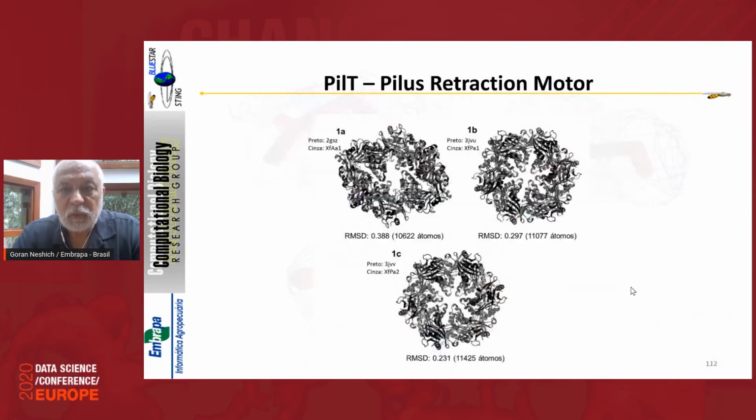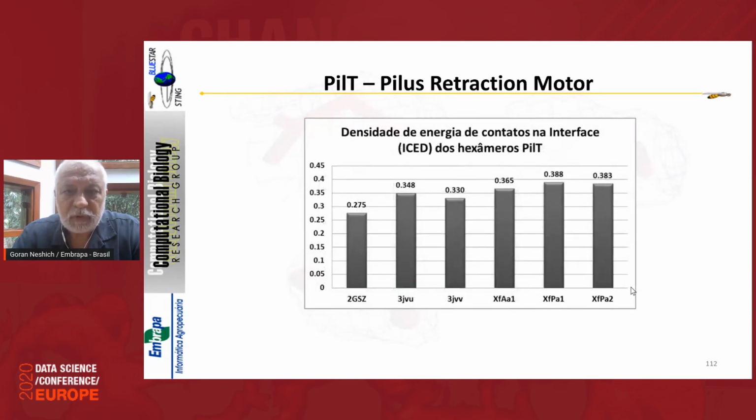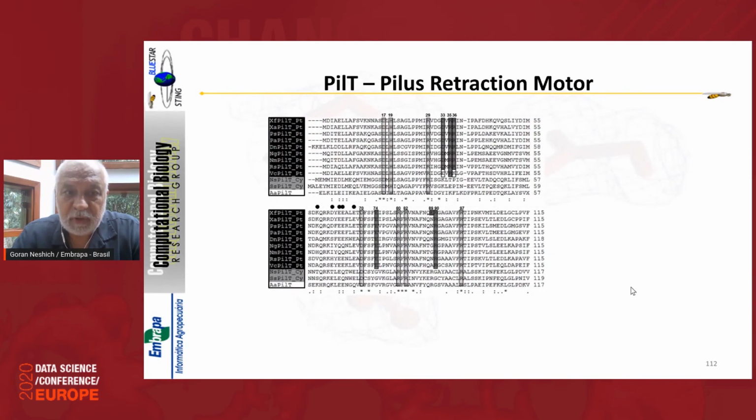We studied the structure of this hexamer of PIL-T. And we found that this protein is an ATPase, omnipresent, so you cannot make changes at will, because you can actually kill the patient.